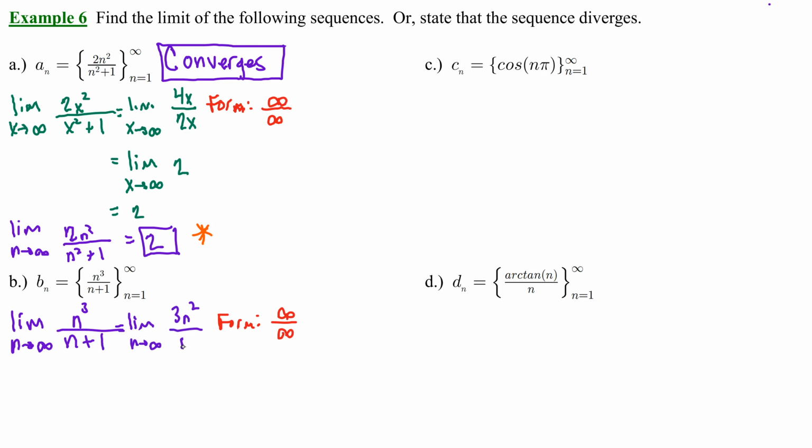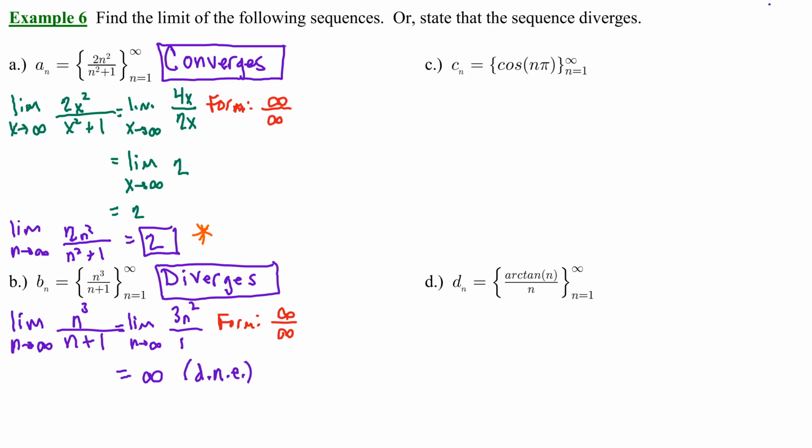Now, because the numerator is growing without bounds while the denominator is static, the value of that fraction is approaching infinity. Remember, technically this means the limit does not exist, but generally we describe the behavior of that sequence as approaching infinity. Now, because the limit is infinite, we would say this sequence diverges.